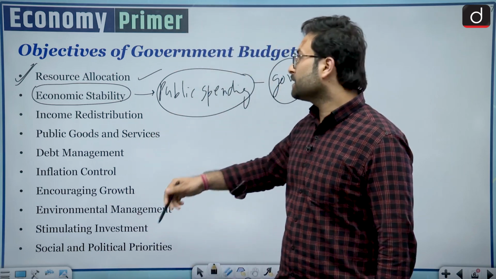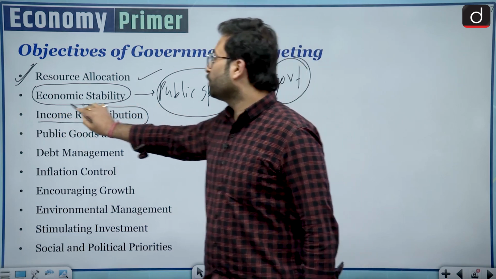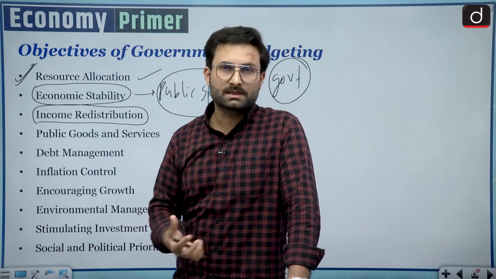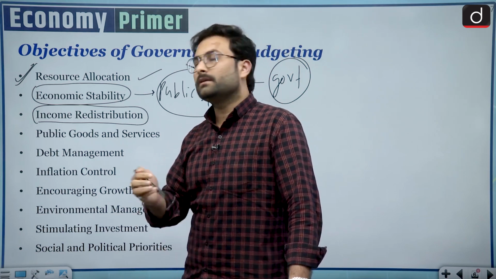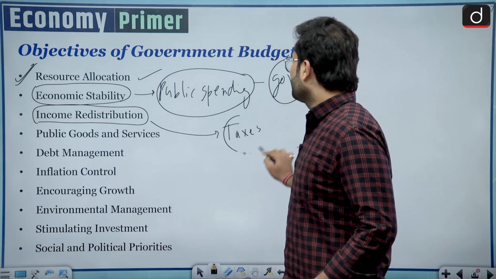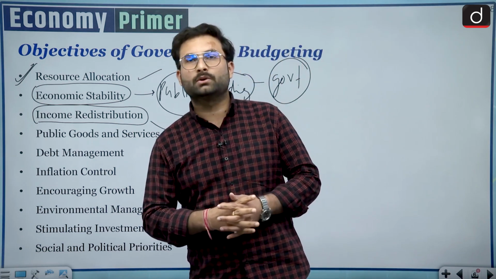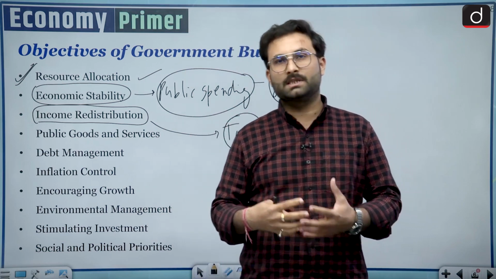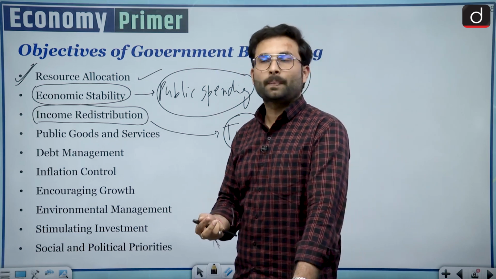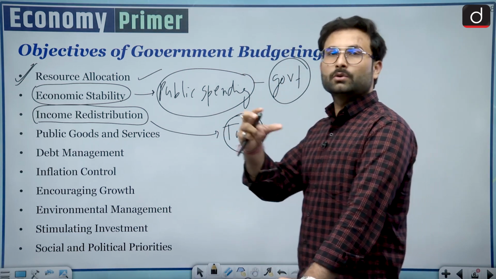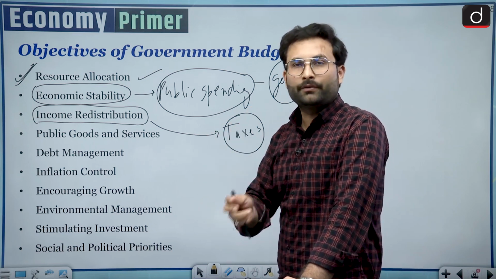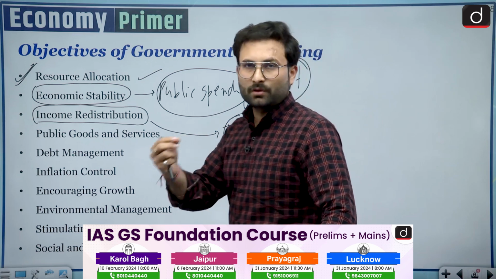Okay, third is income redistribution. As I told you, income redistribution, or financial resources redistribution. Mostly in that regard, we hear taxes are important. Basically, if there is a person who is earning more, we have a progressive system of taxation, and if he is earning more, he will be paying more taxes. Those taxes will be going to the government, and then the government will spend them on other strata, or other sections of people.